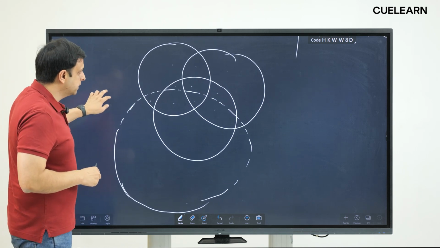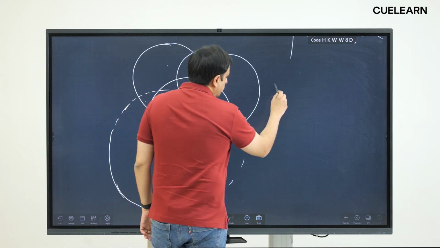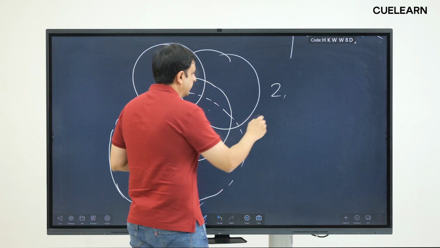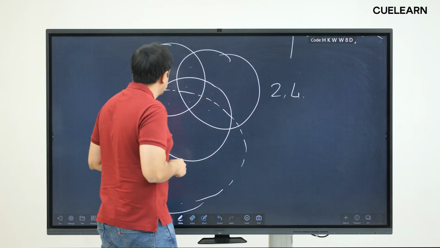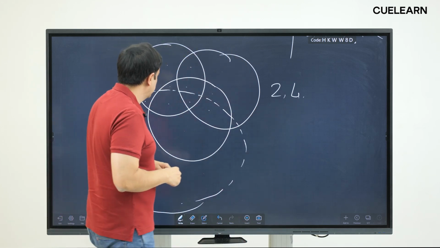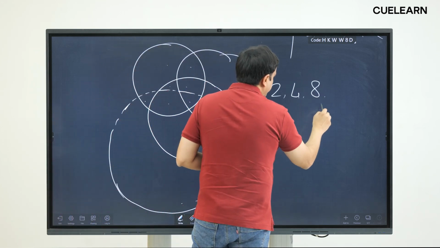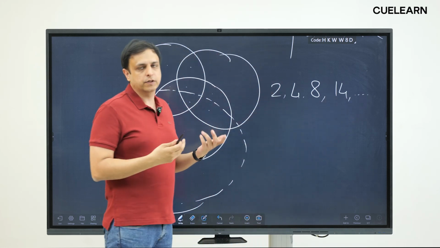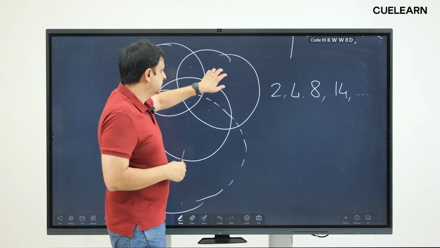So the sequence of regions in this case seems to be 2 with one circle, then with two circles I'm getting 4, with three circles I'm getting 8, and with 4 circles I'm getting 14, and so on. So this seems to be the sequence of the number of regions with circles.